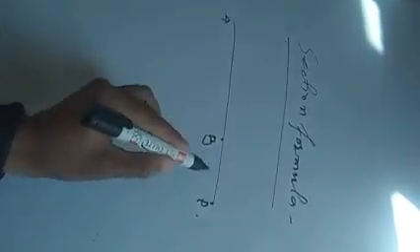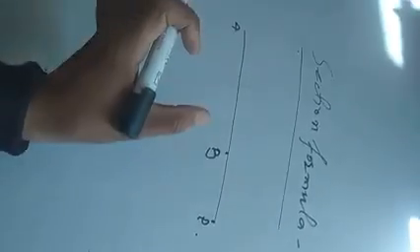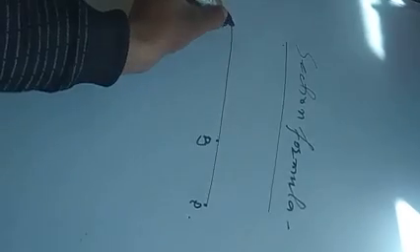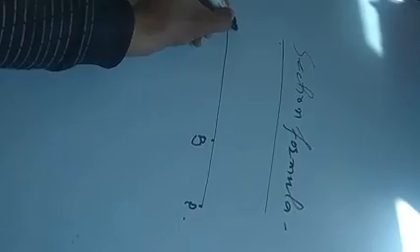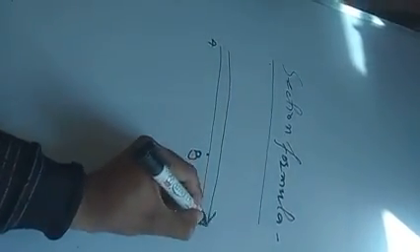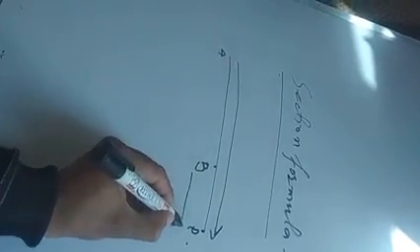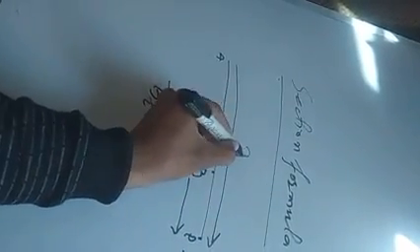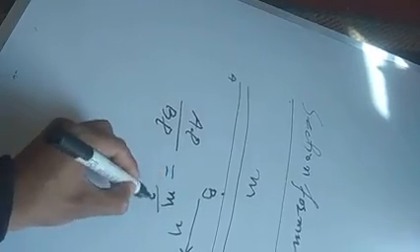Here point P is not in between A and B, and if we take the ratio from A to P and then from B to P, that means AP divided by PB, suppose A to P is m and B to P is n, so the ratio AP by PB is m by n.